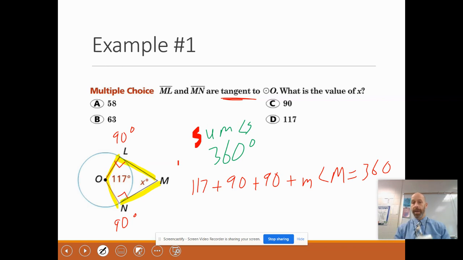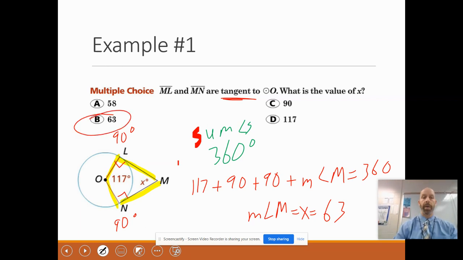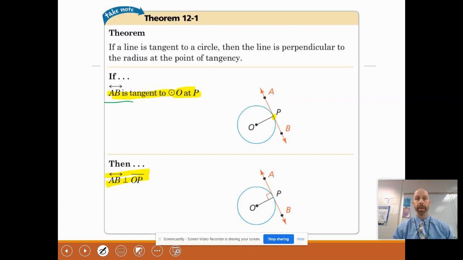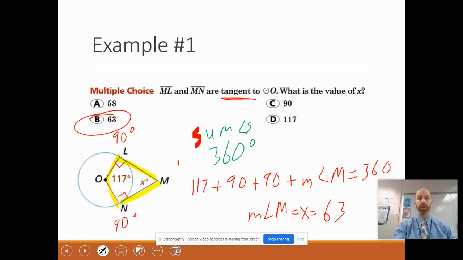So now I'm going to take my calculator and start subtracting those values. So minus 117, minus 90, minus 90. And I get that the measure of angle M, which is equal to X, turns out to be, according to my calculations, 63. So our answer is 63. We utilized theorem 12.1, which tells us if these are tangents, they have to be perpendicular at the point of tangency.